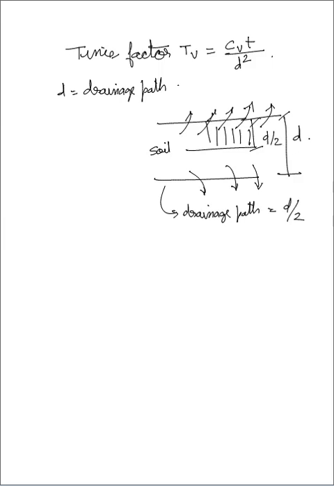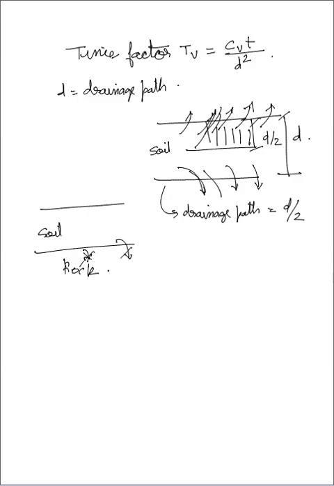Half of the water will be expelled out in this direction, and the other half in the other D by 2 distance. But suppose a rock is underlying the soil. Here water cannot penetrate the rock, so this is not allowed.